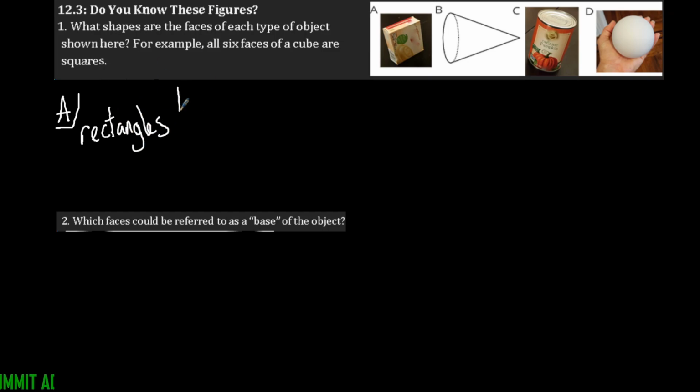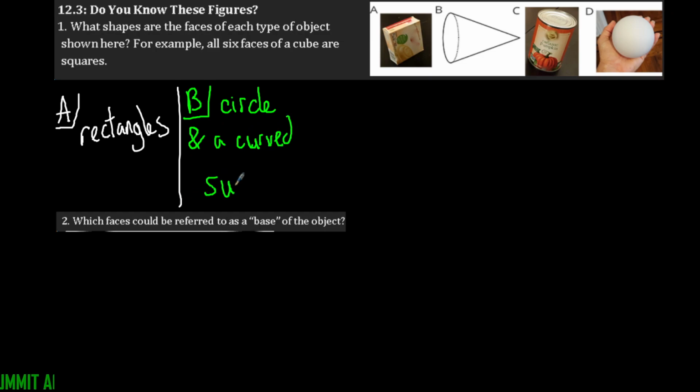Then for B, since it's a cone, we're going to say it's a circle and a curved surface.